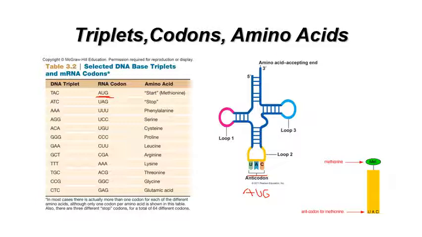Okay, so the amino acid that would be attached here would be methionine. Okay, so UAC, there it is. The methionine would be the amino acid attached here, not phenylalanine, not cysteine. It would be a specific amino acid because this anticodon lines up with this codon in the messenger RNA.